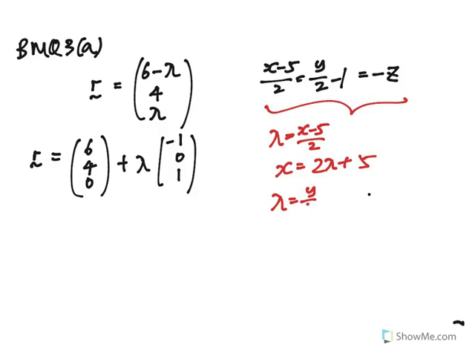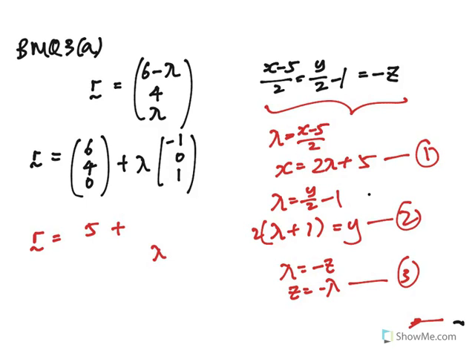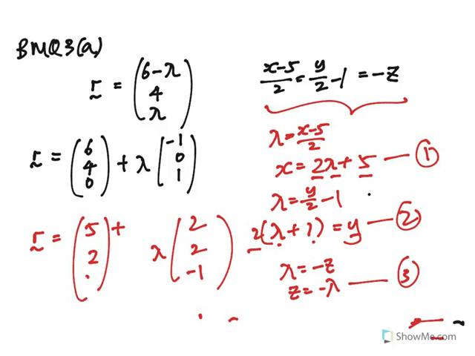Lambda equals y over 2 minus 1, so y equals 2 plus 2 lambda. Lambda equals negative z, so z equals negative lambda. You can work this out quite fast with some experience. So the line is (5, 2, 0) plus lambda (2, 2, negative 1).